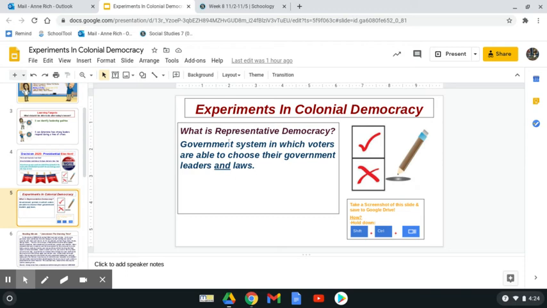If you guys remember back to the Haudenosaunee, we learned that clan mothers are chosen and the clan mothers go on to choose the leaders, similar to what our representatives are doing as well. So once again, if you are not certain with the term representative democracy and you'd like to review, head back to your study resources folder. Pause and push play when you're ready to move on to the next activity.